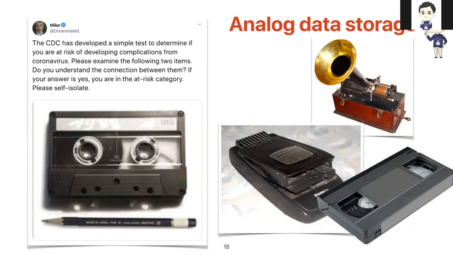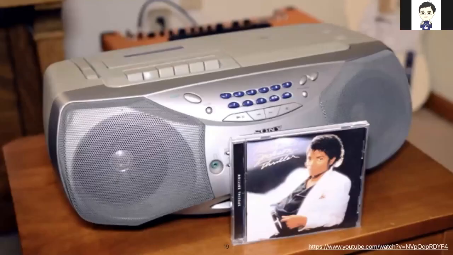And in the past, in some cluster computer centers, we did have tapes to store data as well. Here I can give you a clip from YouTube. They compare the difference of CD, which is a digital storage, and the tape storage that you will hear later.